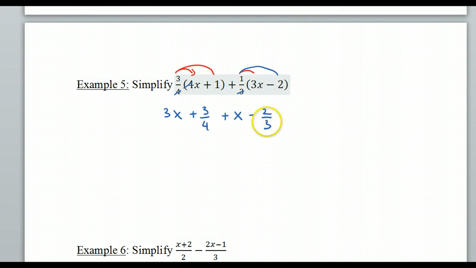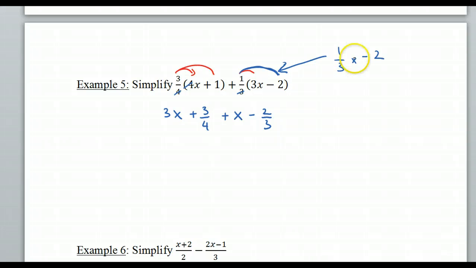If you're wondering how I got that, I can do that off to the side here. I have 1/3 times negative 2 over 1, and that would be negative 2 over 3.